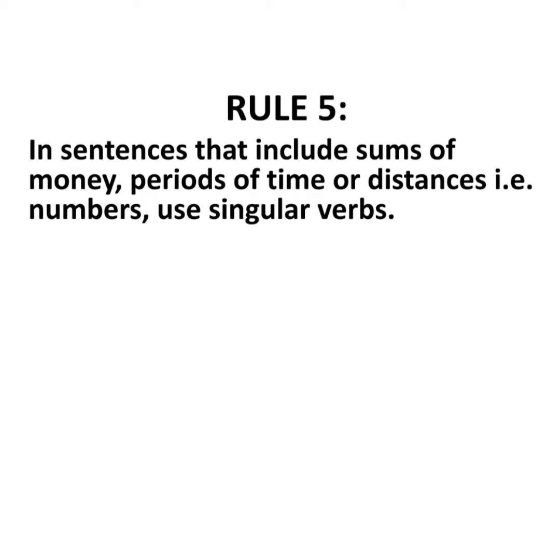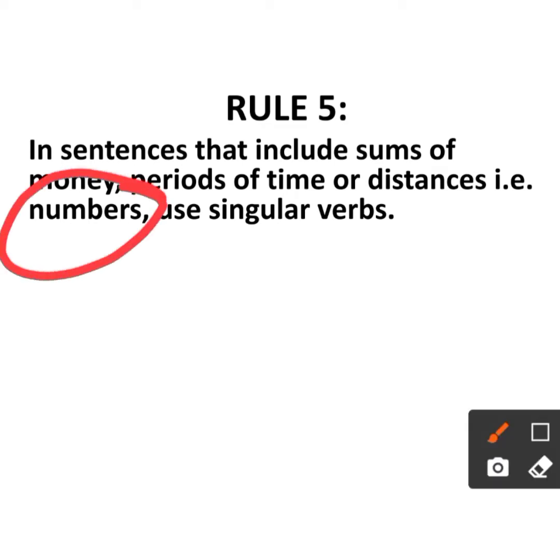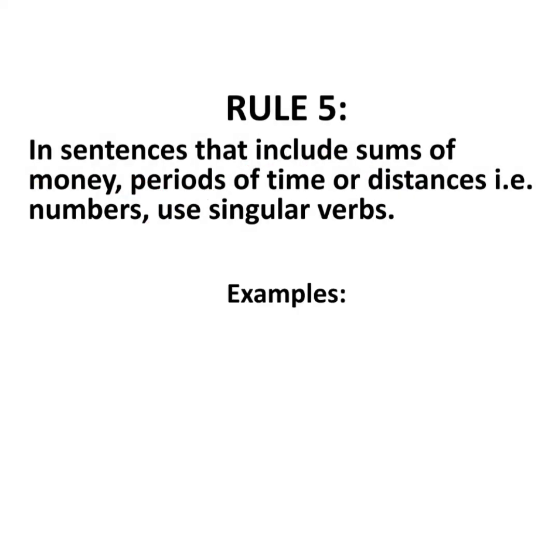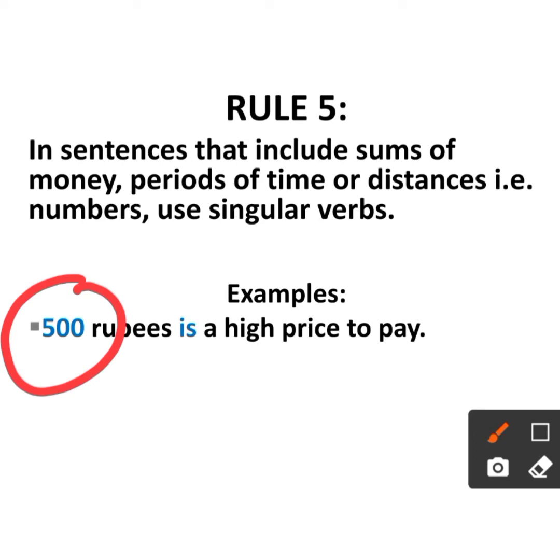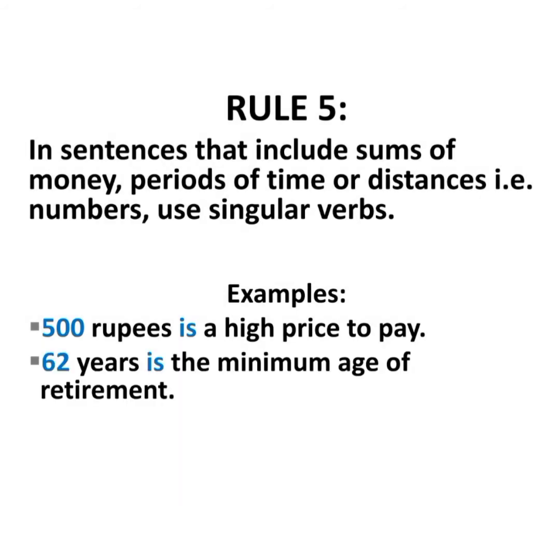So whenever you have numbers, you must use singular verbs. Look at the examples. 500 rupees is a high price to pay. Here in the first example, you have 500, which is a number, so you must have singular verb is and not are.